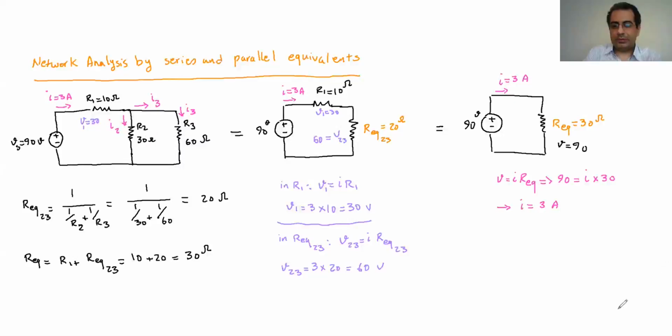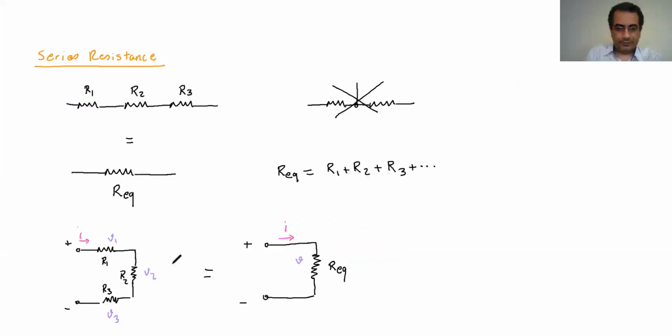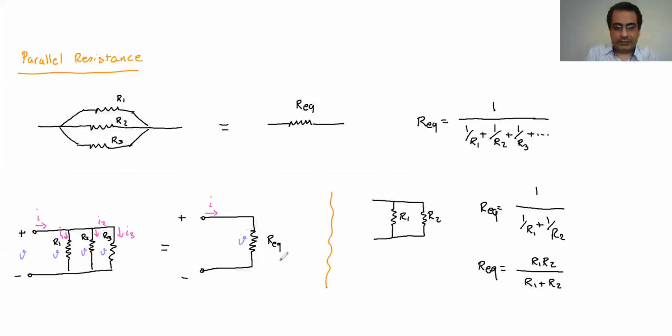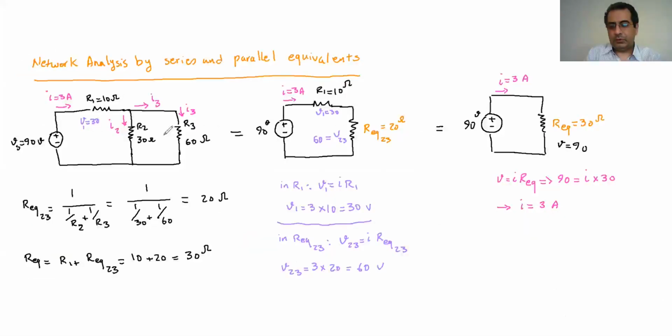So let's go back and show you one more time. If it's in series, the current in the equivalent is the same as the current in the original resistance. If it is in parallel, the voltage in the equivalent one is the same as the voltage in the original ones. So again, here, these two are parallel and this is their equivalent.